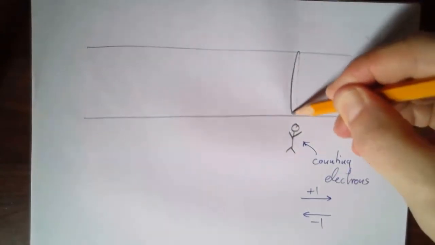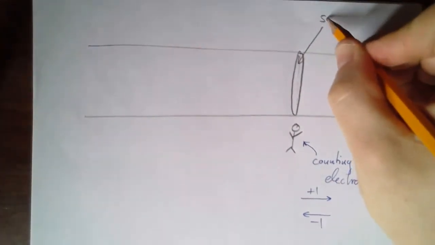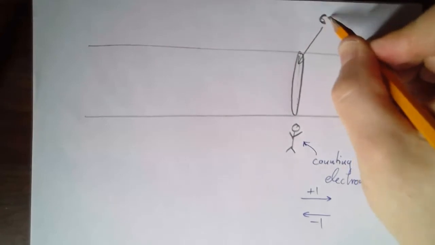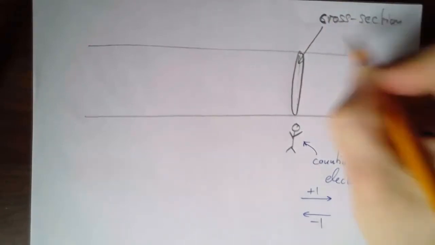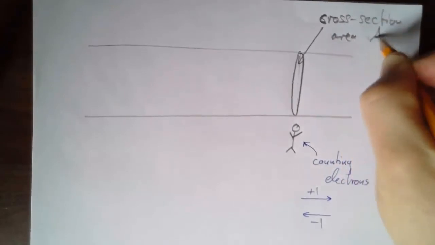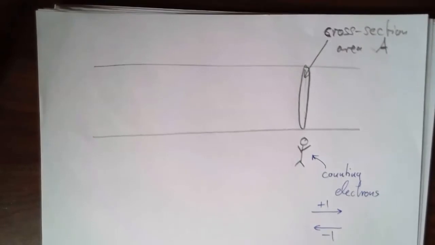So let's make this sort of 3D surface here. It's a 3D pipe or a 3D wire. This is some surface cross-section, a cross-section area A, for area, because we're imaginative like that.